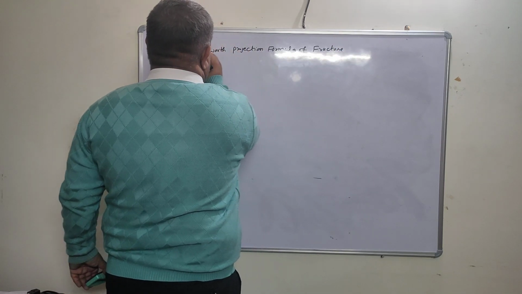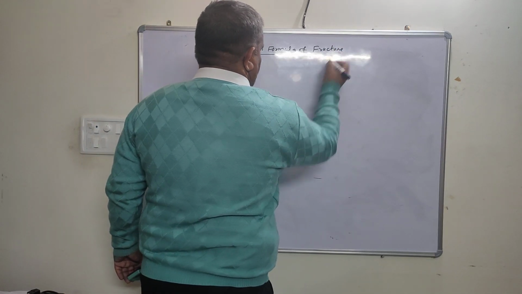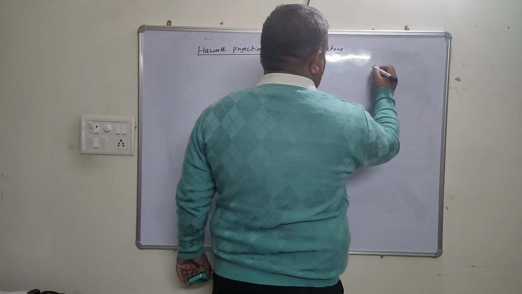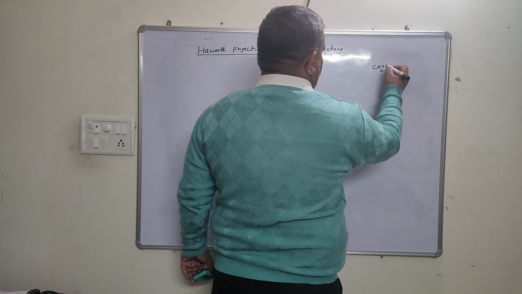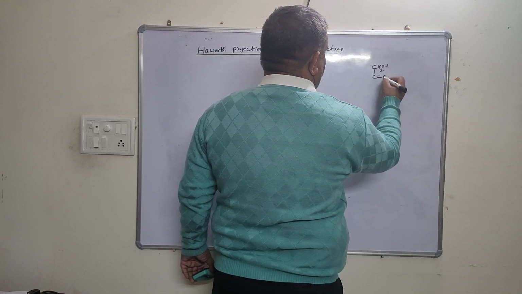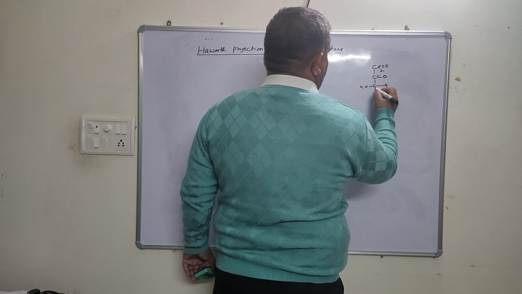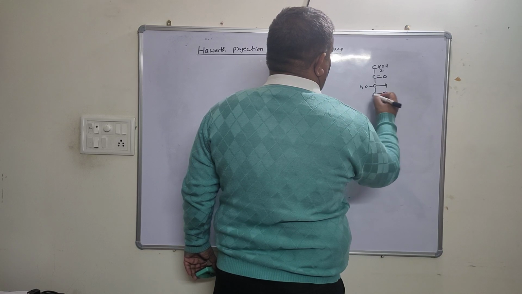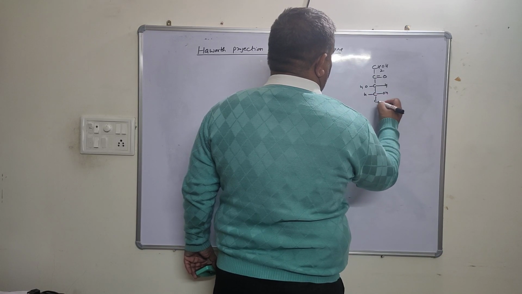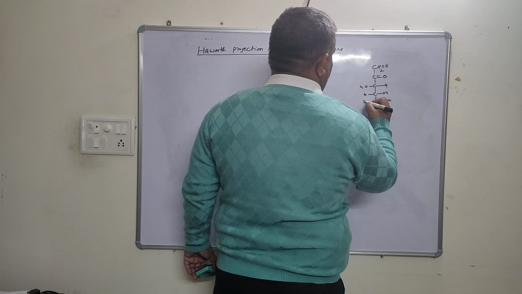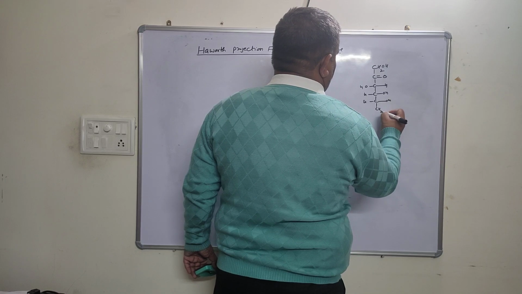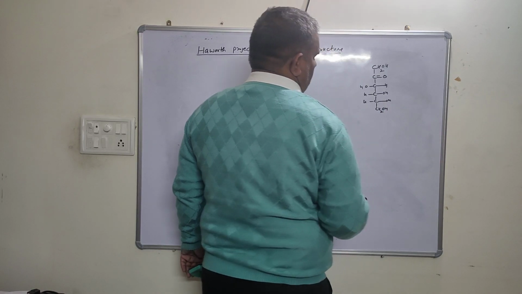This is the fructose: CH2OH, carbon double bond O, carbon H, OH, carbon OH, H, carbon OH, H, this CH2OH.